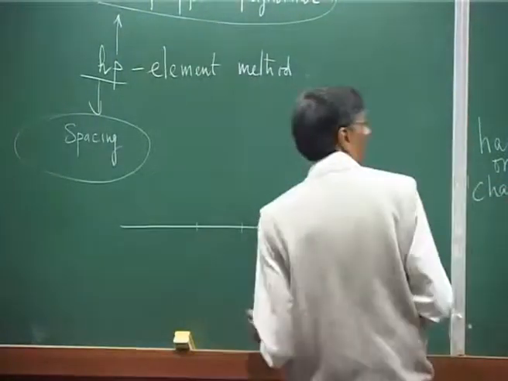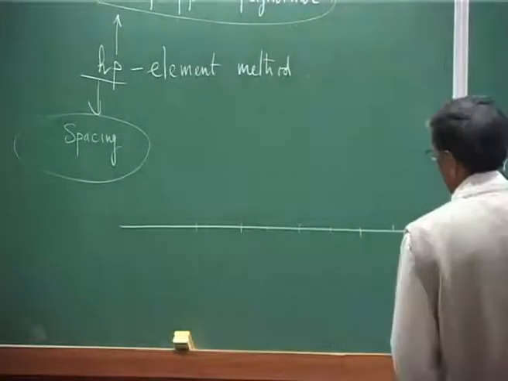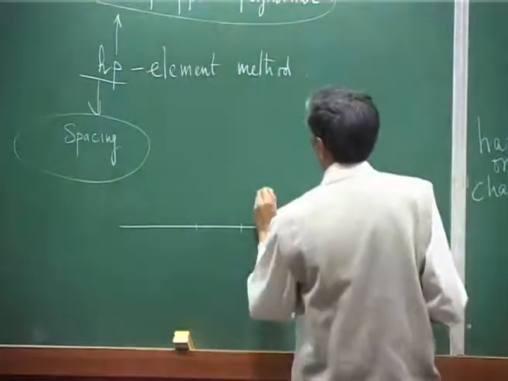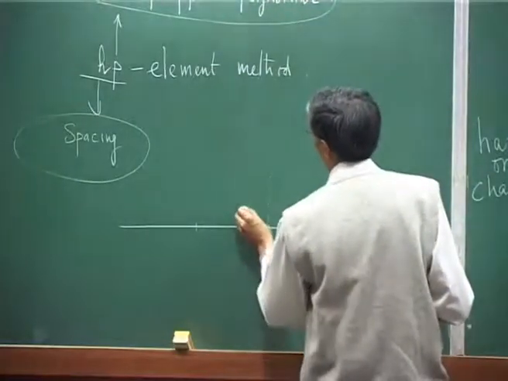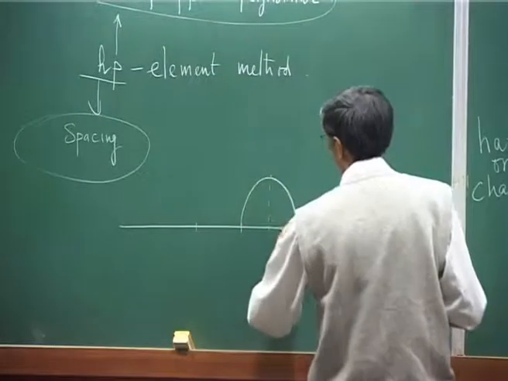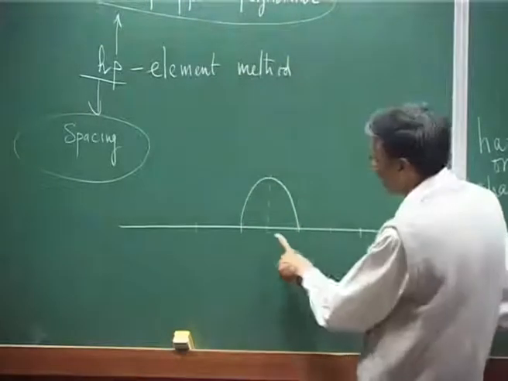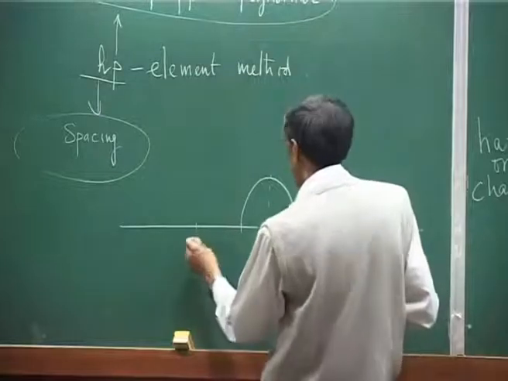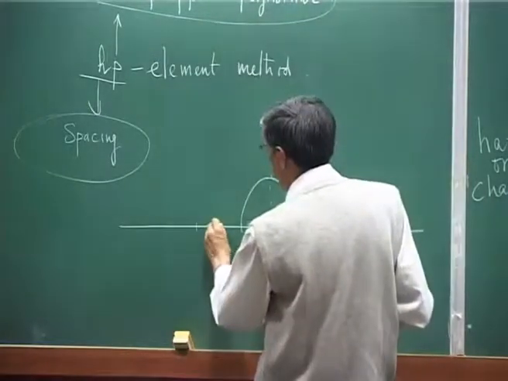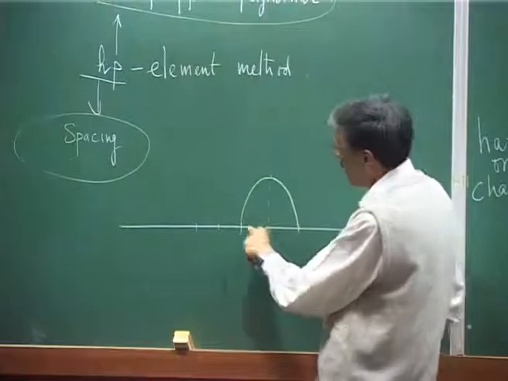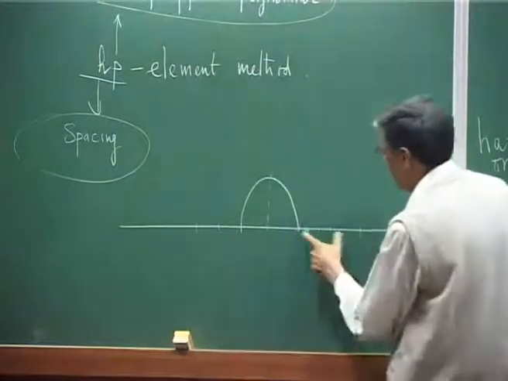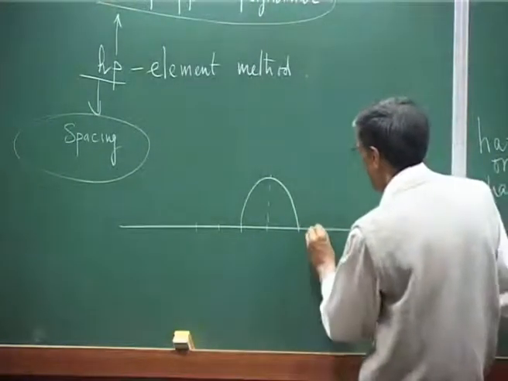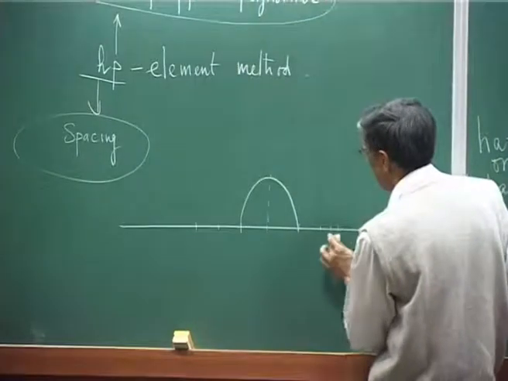the figure has to be treated with some care. So this is my actual one element, right, and this is the center point of that element. The next element would be like this, and there would be another next element which is like this.